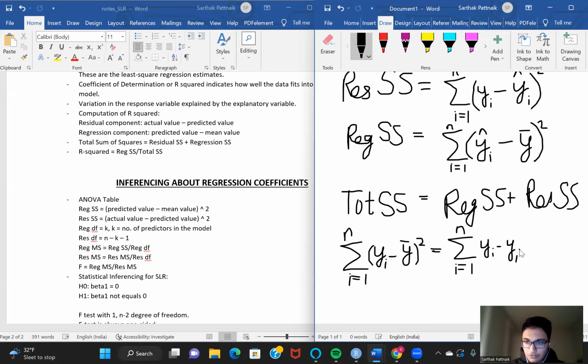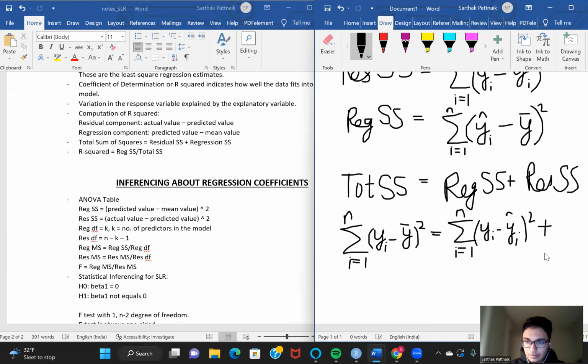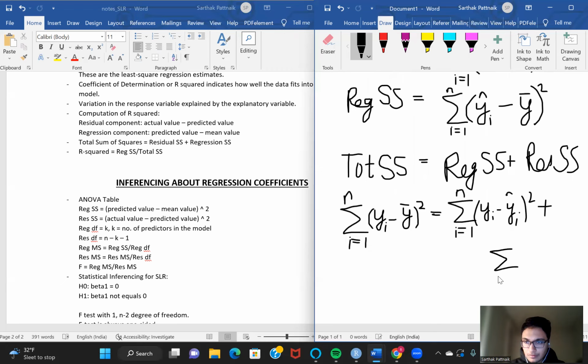This is my residual sum of squares, actual minus predicted. And this is my regression sum of squares.